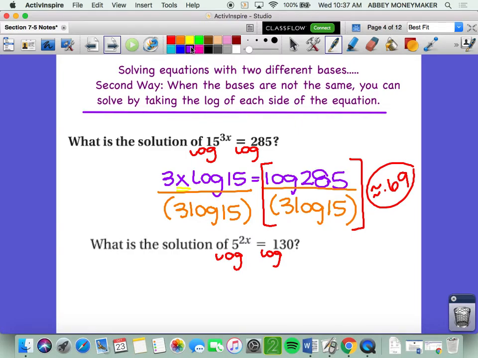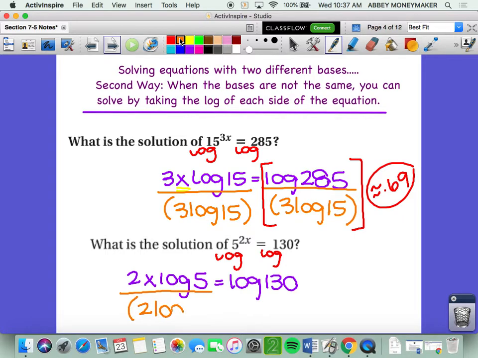So from here, I would write 2x times the log of 5 equals the log of 130. Again, we're solving, so we got to get everything away from x by dividing by 2 and the log of 5, and we can do that all at one time.